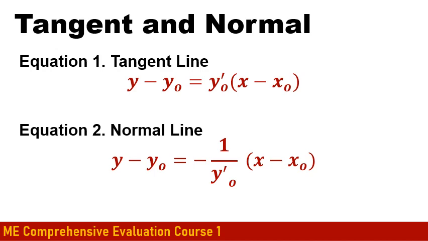You can see the only difference is that the slope becomes the negative reciprocal, because if we recall the relationship between the slopes of parallel and perpendicular lines, if they are perpendicular, then the slope is the negative reciprocal. That's why we have negative 1 over y prime sub 0 for the normal line, because that's a perpendicular line.